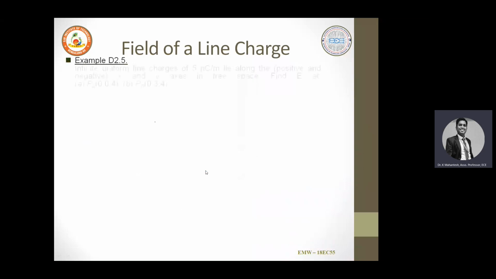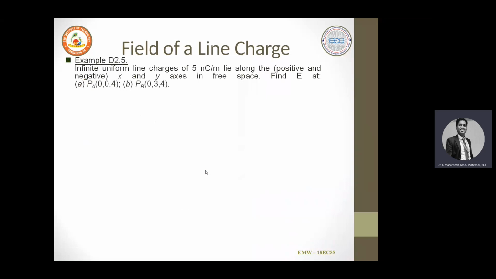Let us solve a simple example of calculating the field of a line charge. Assume an infinite uniform line charge of 5 nanocoulomb per meter lying along the positive and negative x and y axis in free space.